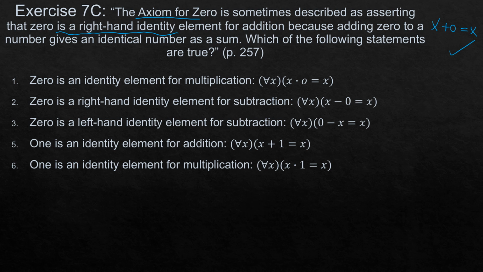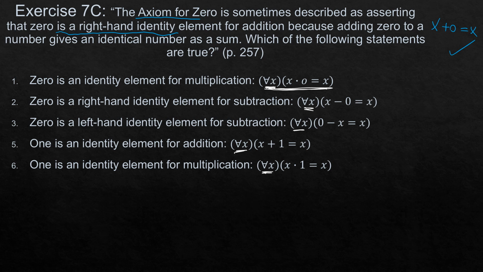One of the big things to notice is that each of these statements is a universal declaration. We have for all x, or in other words, for every x. If you can find one contradictive example to a universal statement such as this, that's sufficient to say that statement must be false. In fact, the first statement is false because we're told that 0 is an identity element for multiplication.